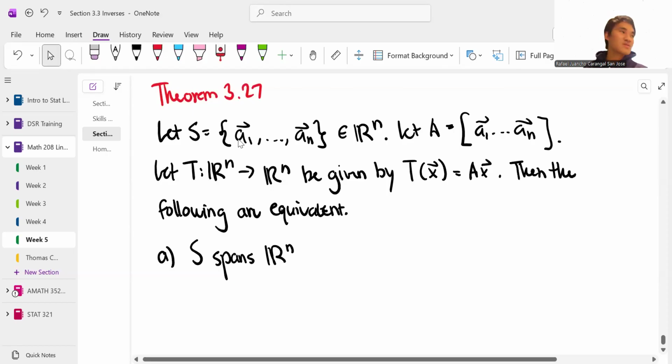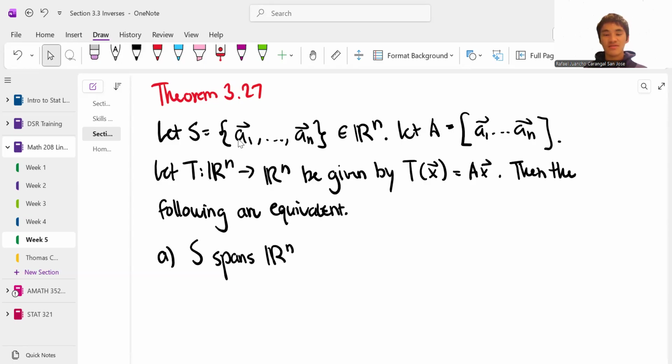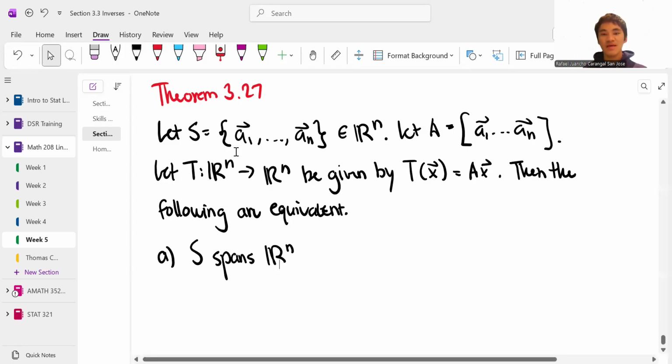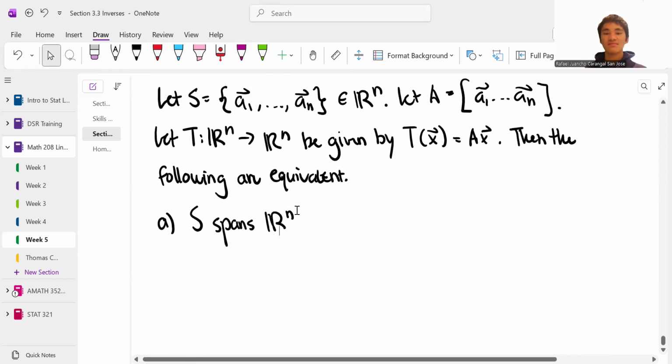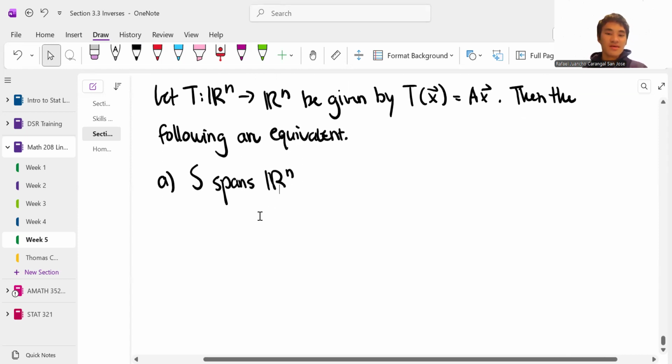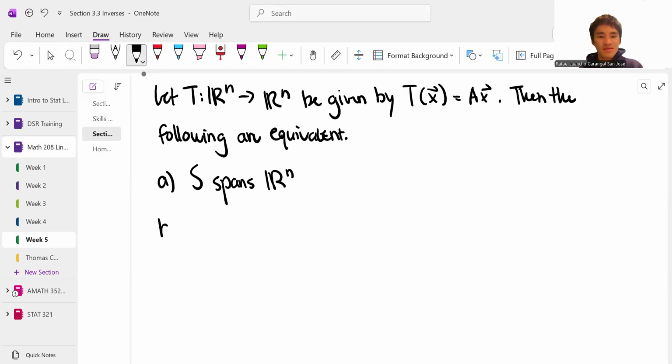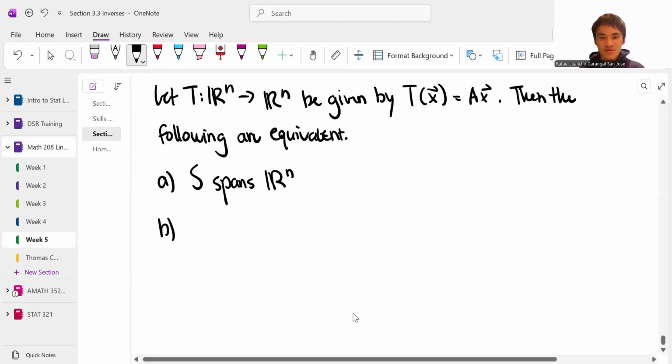We use Gaussian elimination, get the row echelon form, and check if there's a pivot in every row. The number of pivots that we get from counting each row is the n that we put in Rn, and that's what that set of vectors spans. So these are n pivots. Okay?